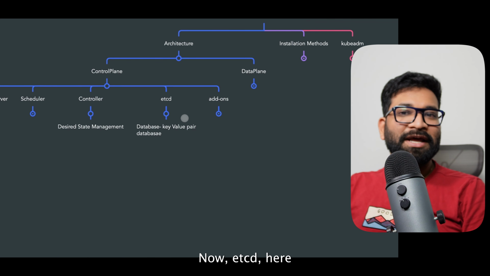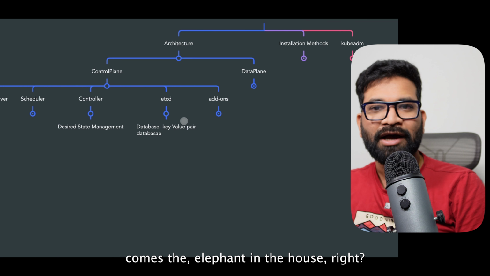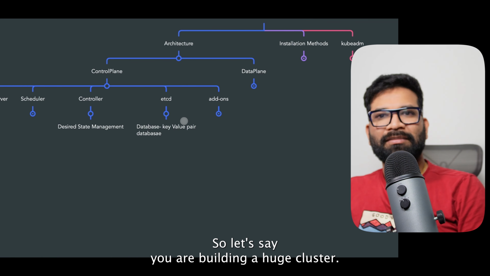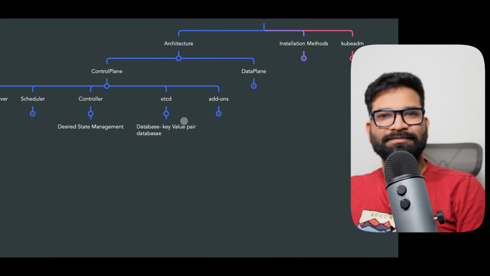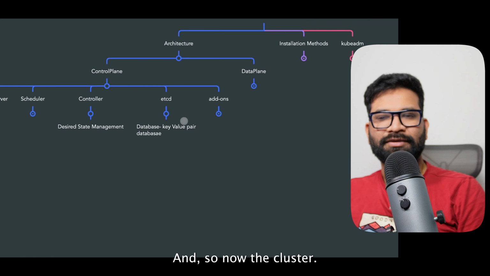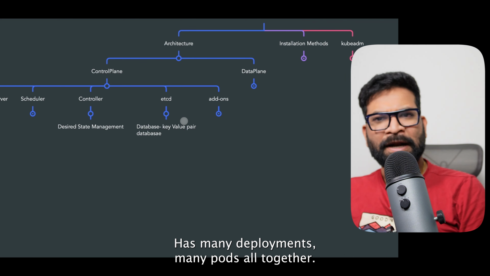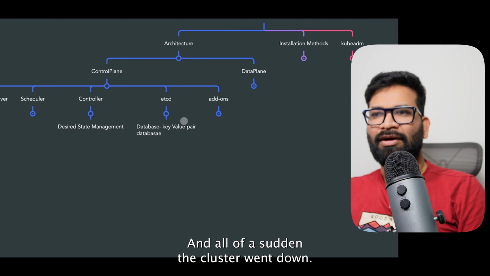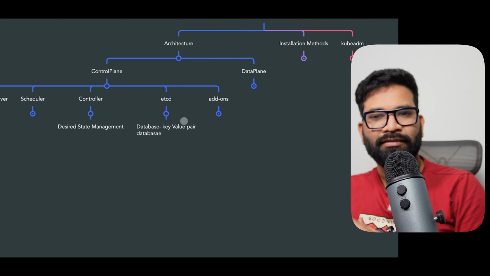Now etcd. Here comes the elephant in the house, the major component. So let's say you are building a huge cluster, and the cluster has many deployments, many pods all together, and all of a sudden the cluster went down.